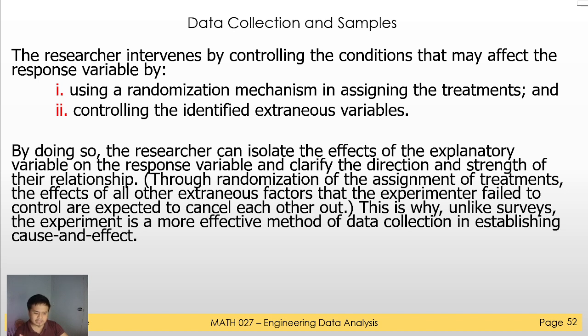We could isolate also some of the things incorporated with that. So maybe also the race. So maybe we'll focus on Filipinos, or we could focus on, let's say, the American study. So there are different ways to isolate the extraneous variables.